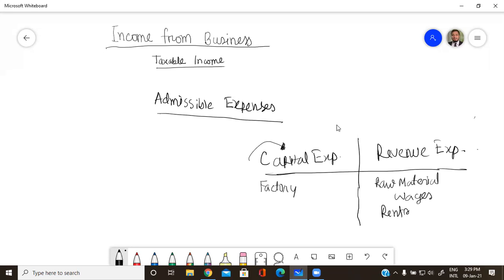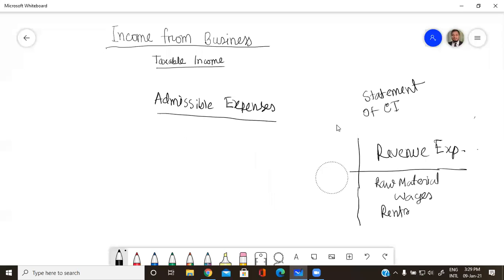So, which expenses are shown in the financial statement, I mean the statement of comprehensive income? Capital expenses or revenue expenses? Revenue expenses. Statement of comprehensive income. Okay. And capital expenses are shown in the balance sheet, or statement of financial position.